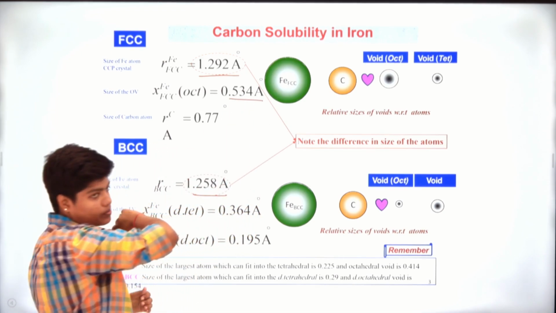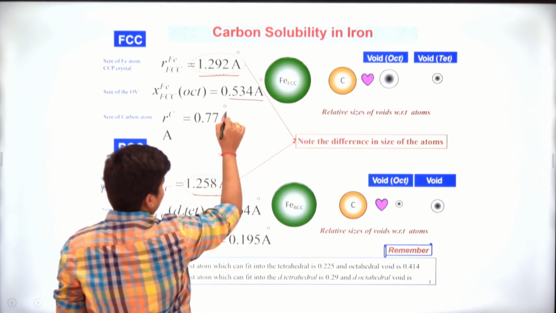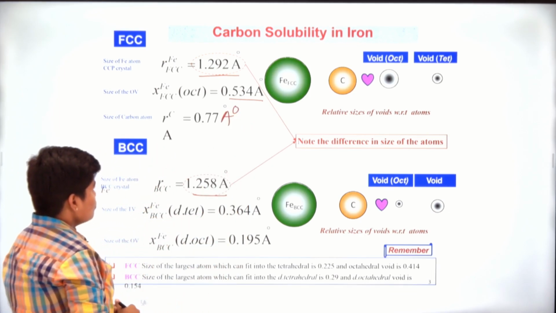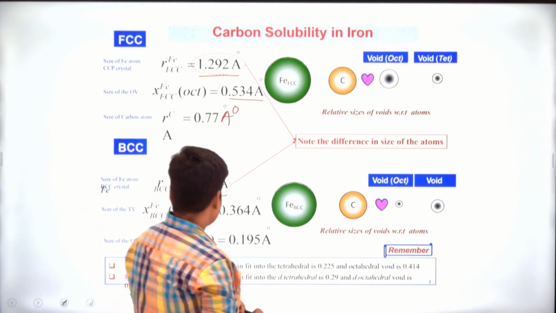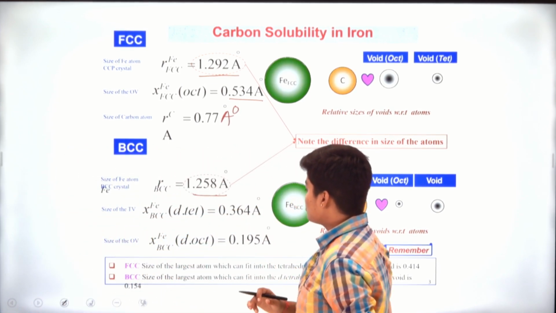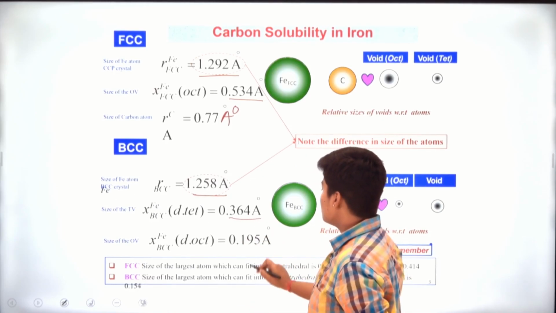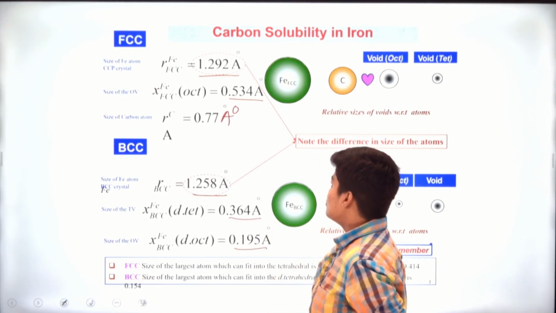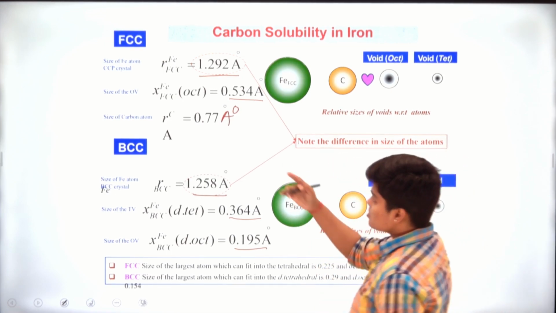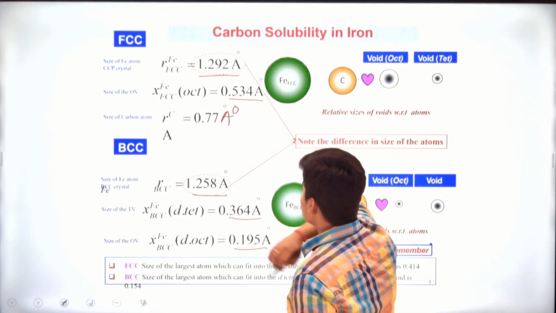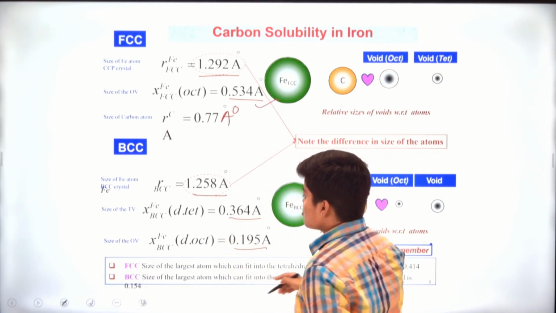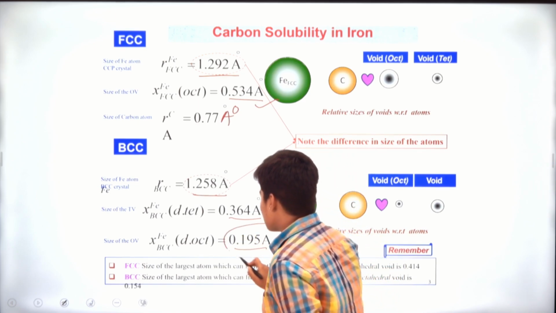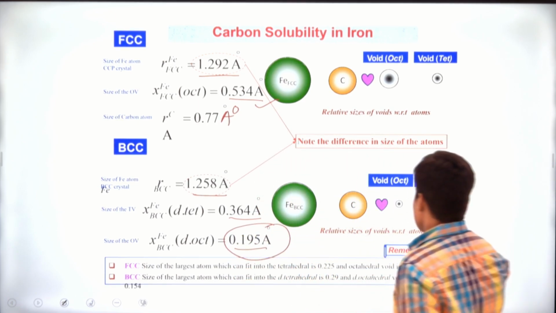We know that the size of the carbon atom is 0.77 angstrom. In the BCC structure, the sizes of the tetrahedral and octahedral voids are 0.364 and 0.195. Note the difference: for the FCC structure the octahedral void is 0.534, but in the BCC structure the octahedral void size is reduced to 0.195 angstrom.